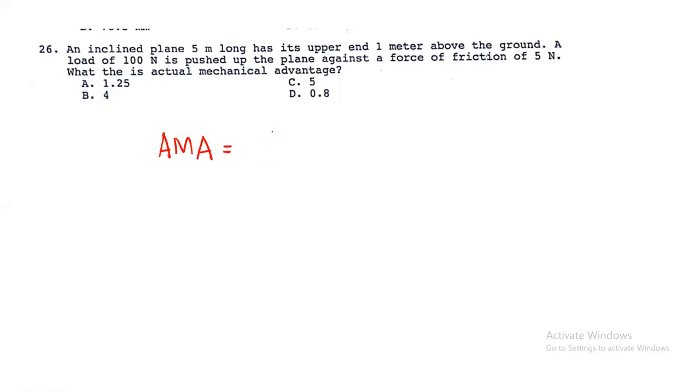So, 5 meter na length divided by yung effect na 1 meter. So, 5 meter length divided by 1 meter is equals to 5. So, letter C. So, ganyan lang yung pagsagot dyan sa AMA. Pwedeng in terms of distance.